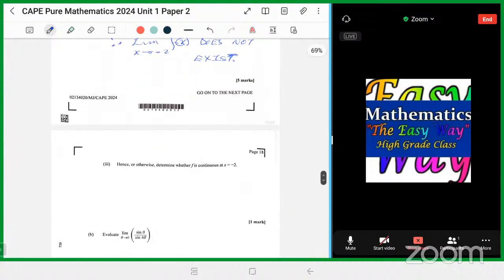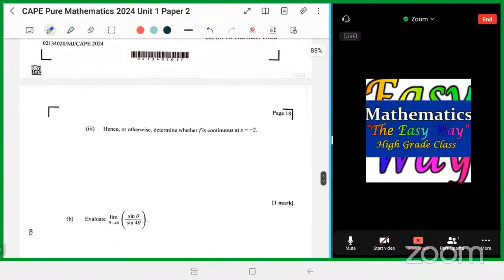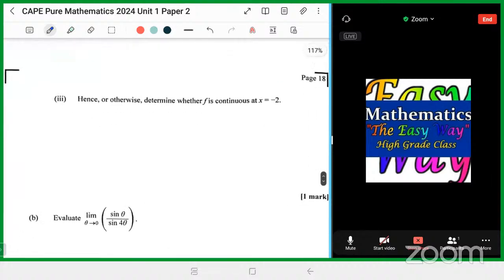It says, hence or otherwise determine if f is continuous. Nope. Anything that goes wrong at x equals -2, it is not continuous. I'm going to write the conditions. For f of x to be continuous at x equal -2, what must happen?